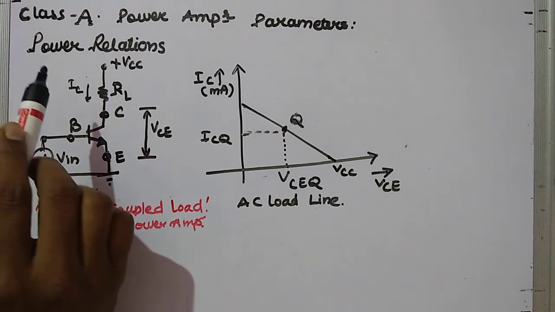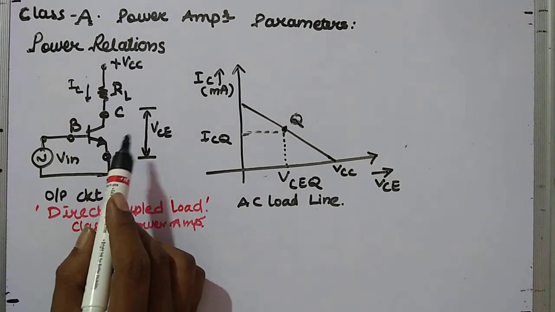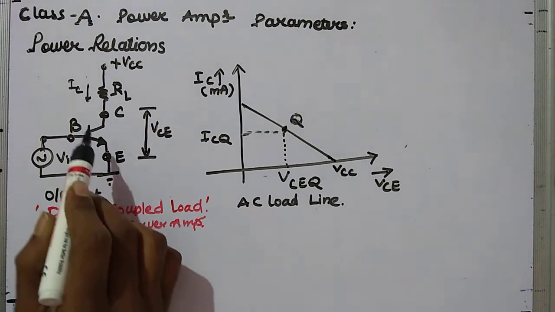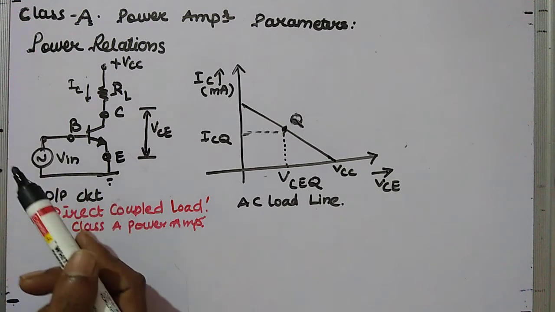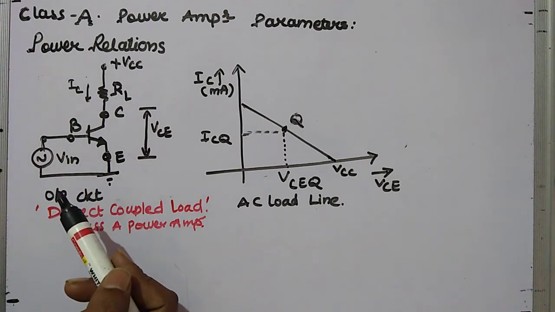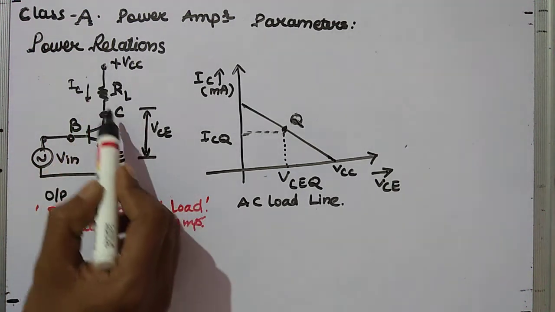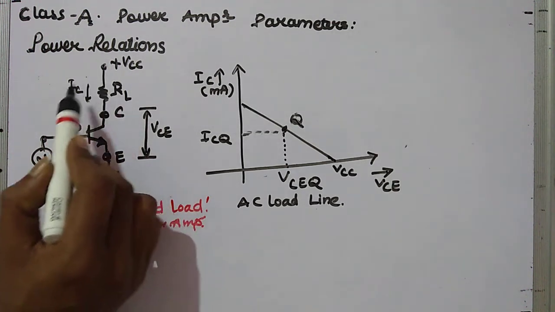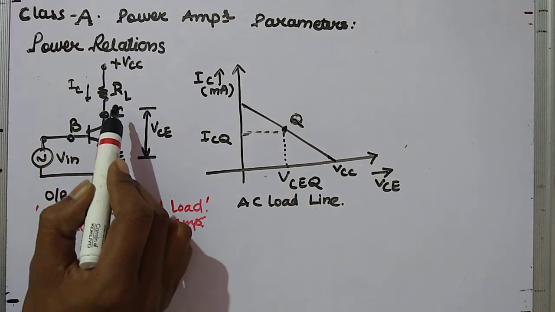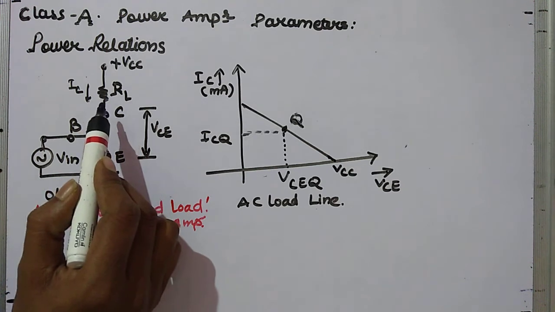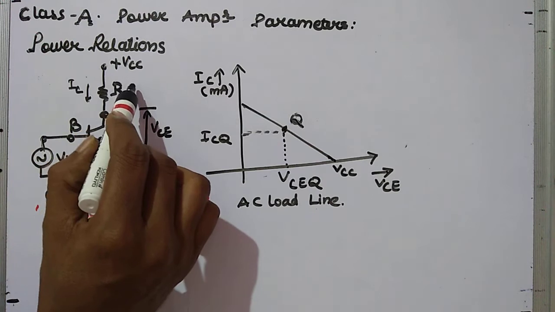Now let us try to understand the power relations in class A power amplifier. So here I have drawn one circuit. This is actually the output circuit of a class A power amplifier, but here one thing we will observe: RL is directly connected to the collector terminal.